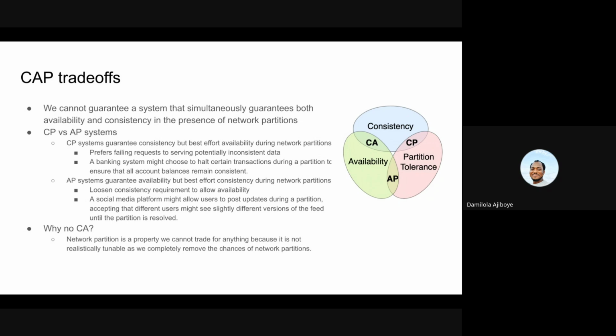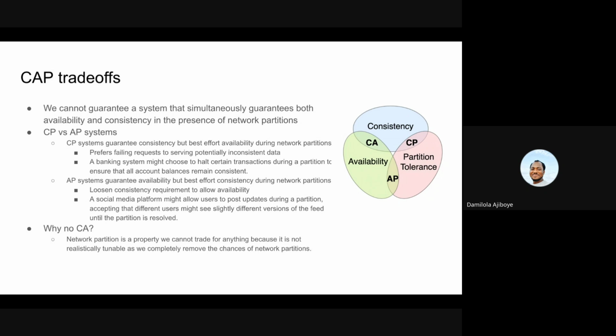So why not CA? Why are we only looking at CP and AP? That's because network partition is not something we can trade away, because it's not within anyone's control. You can't build a system where you are 100% sure that there will be no network partitions, because these things are built on physical infrastructure.